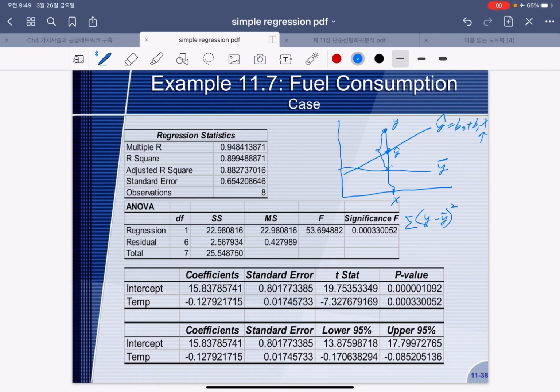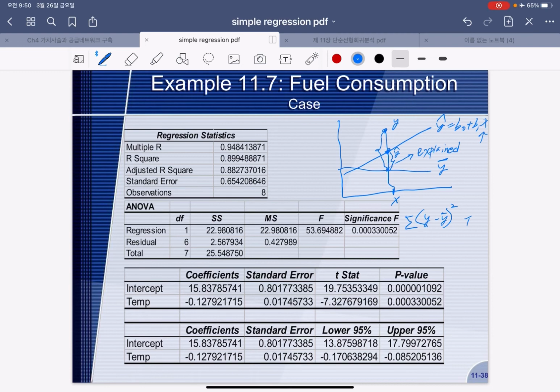Now, this part is called explained variation.